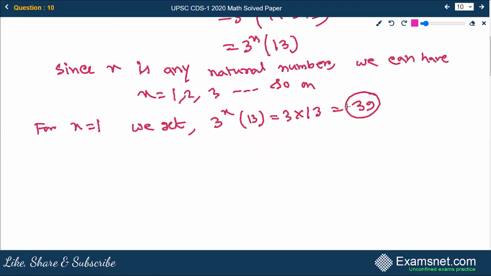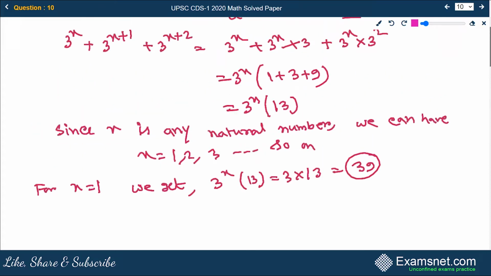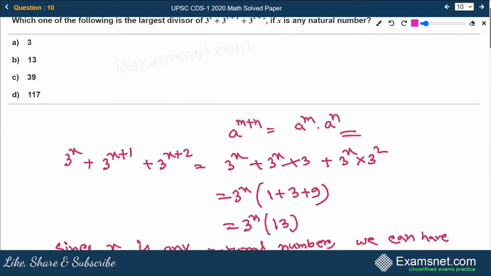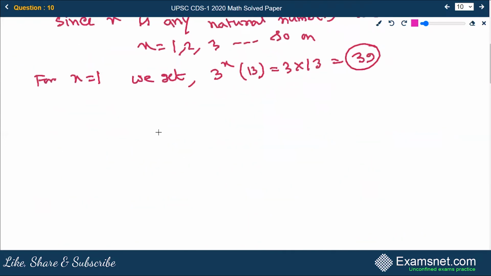So 39 is the first divisor we are getting here. 39 could be the largest, but in the options we can see there are numbers greater than 39 also. So we have to check the next natural number as well.